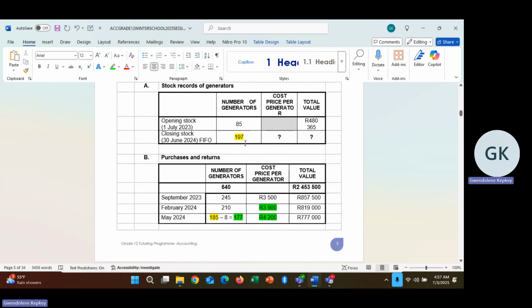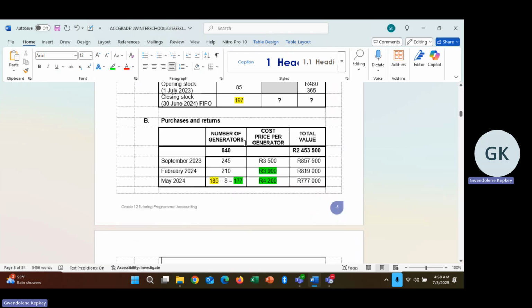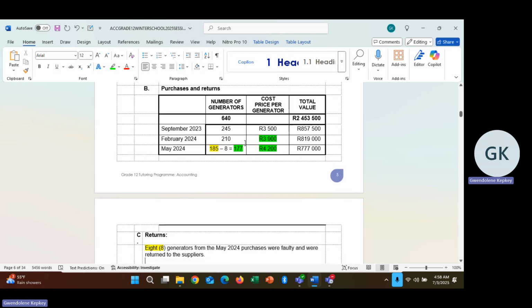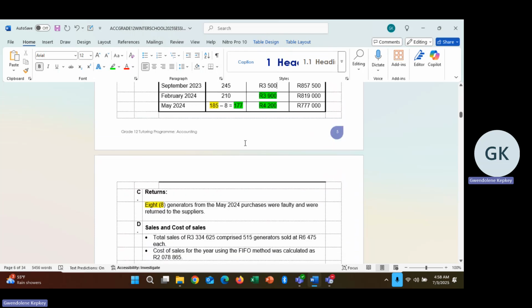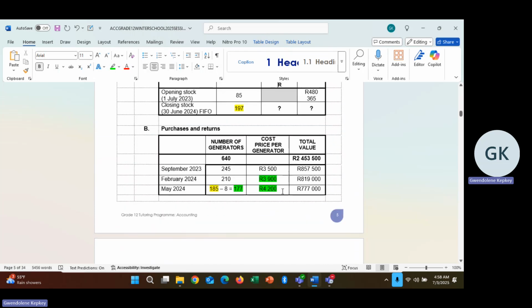Some of you have different methods, or your educators have shown you another way of doing it. But grade 12s, you need to stick to the method you're comfortable with to get to a correct answer. So let's do that calculation. Very important, I need to note that the rand value is 3,900 for the month of Feb, and the rand value is 4,200 for the month of May.